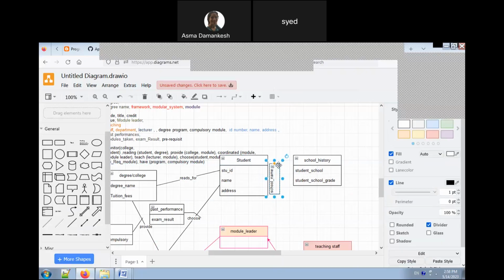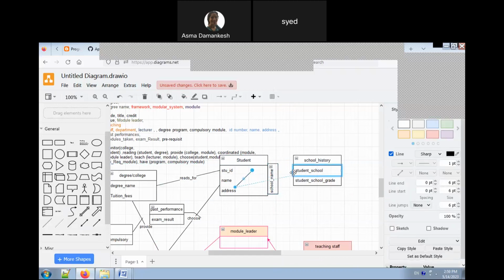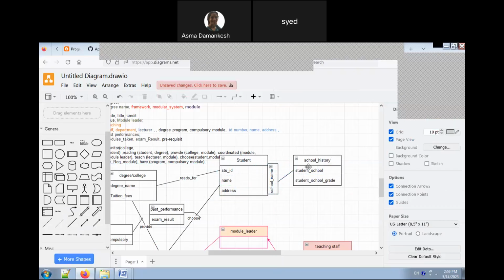And then there is a link without a name, which means this entity is a further explanation of this entity. And if I don't have this student, delete that person as well. It's called a weak entity, and that's how you show it.